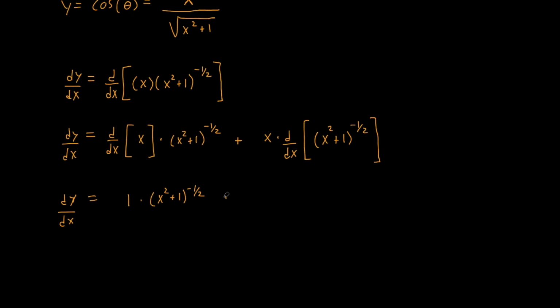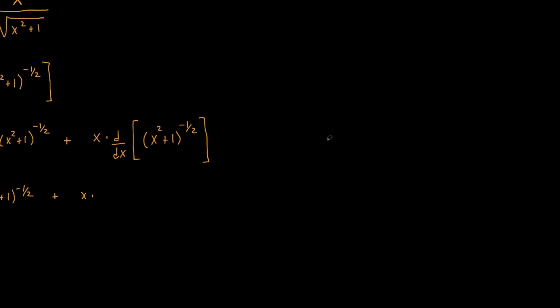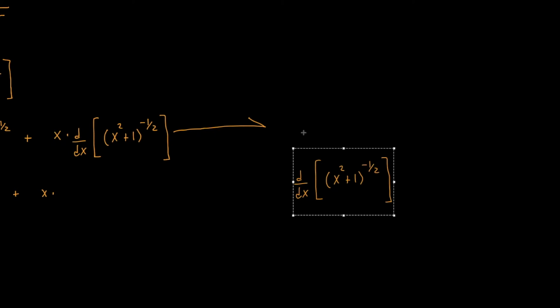And then we'll add to that x times... it looks like we have a function nested within a function. We have x squared plus 1 as the one function, and that's to the negative 1/2. So we have a nested function, which means we're going to use the chain rule. Let's work that out over here, because it'll take a bit of space.